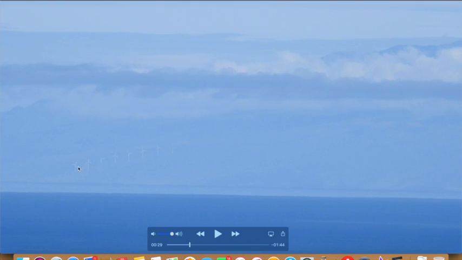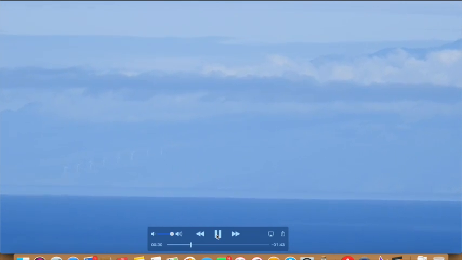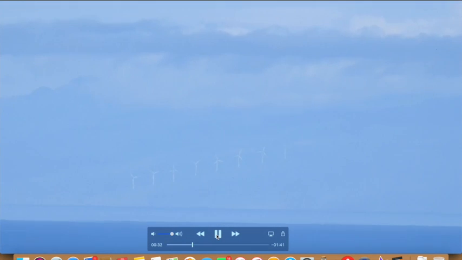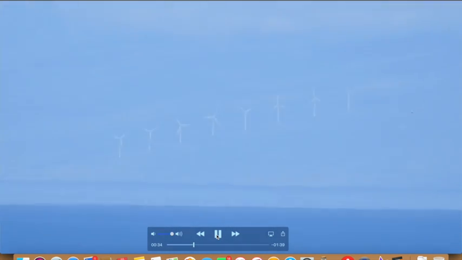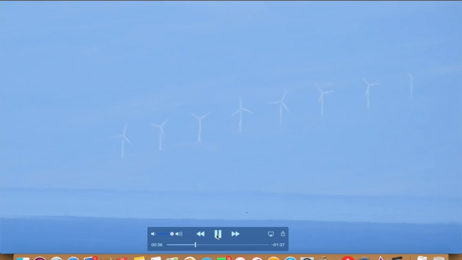You see 1, 2, 3, 4, 5, 6, 7, 8 soldiers, 8 windmills standing on the slopes on Maui. And I'm making another video about these guys. I'm gonna dip them underwater. And we're even gonna do that in this video. We're gonna have a little glimpse of those guys taking a dip.